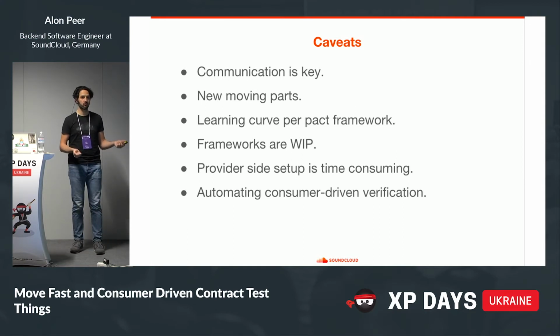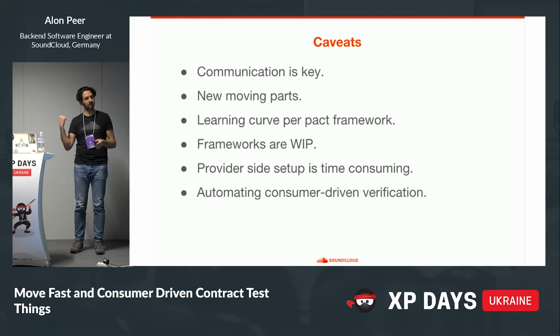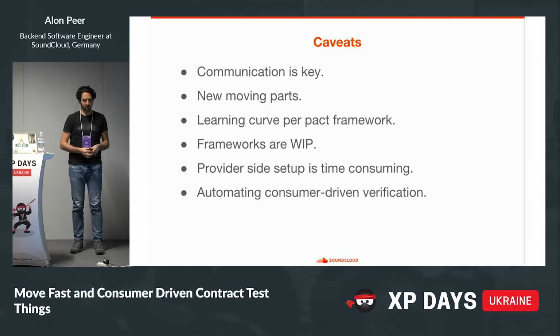We want to make sure that when they push their change into their CI, we don't allow them to go to production without the provider having their change already in production to support that. This problem is not an easy one, and it still relies a lot on communication between the teams. It can be resolved, but it's not easy.